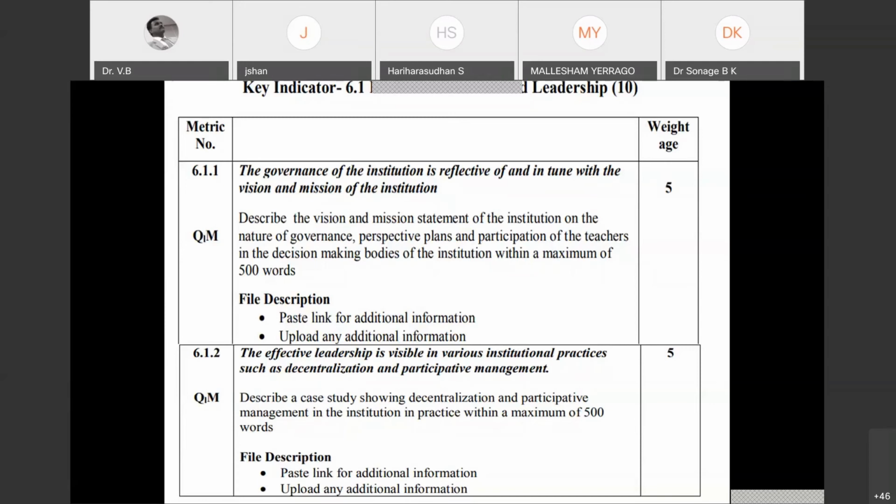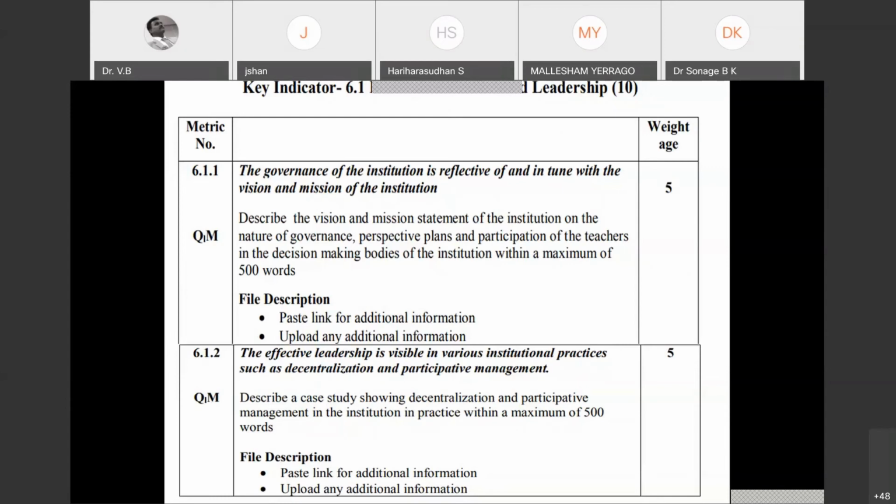And participative management is the percentage of representation from the staff members on the important decision-making committees of the institution. Like say, for example, the number of faculties who are represented in the board of management, in the academic council. This is a typical example of participative management.